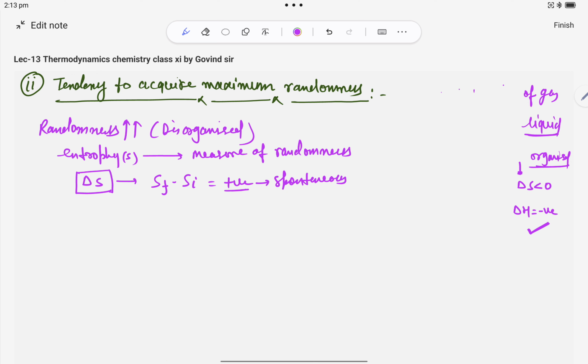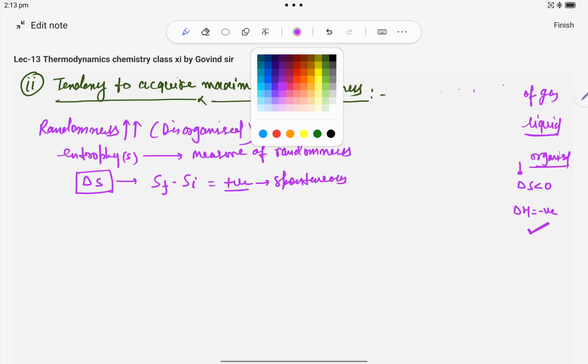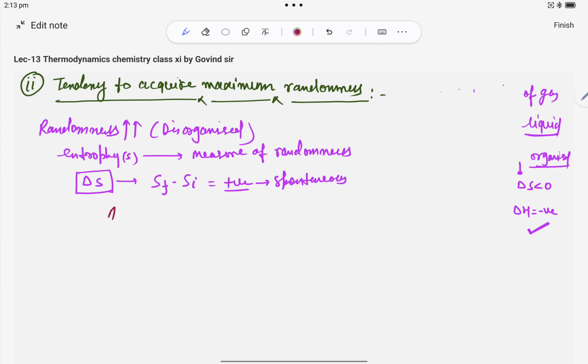Okay. If any system A to B is spontaneous, then B to A is definitely non-spontaneous. Yes or no?